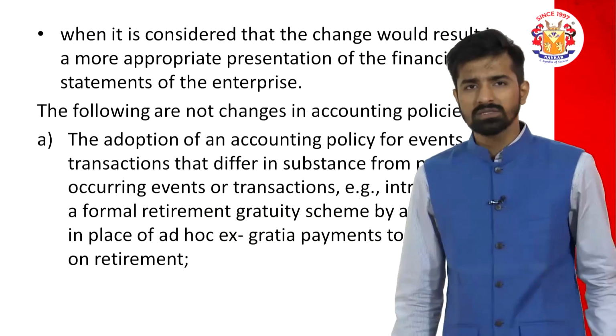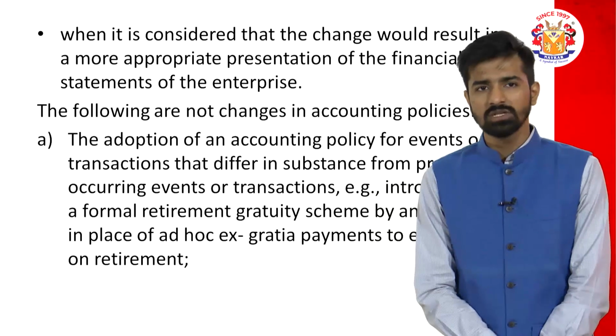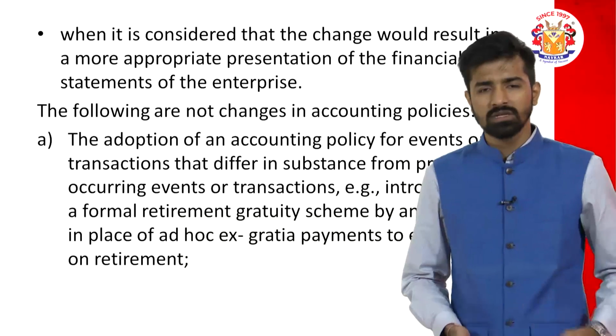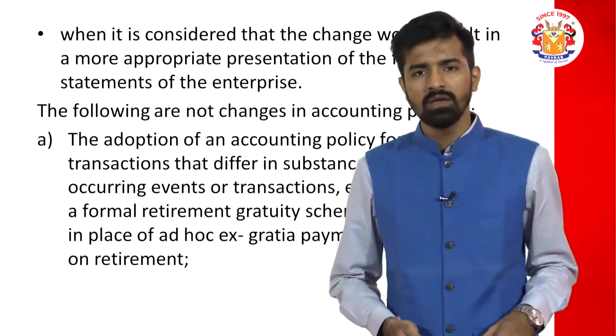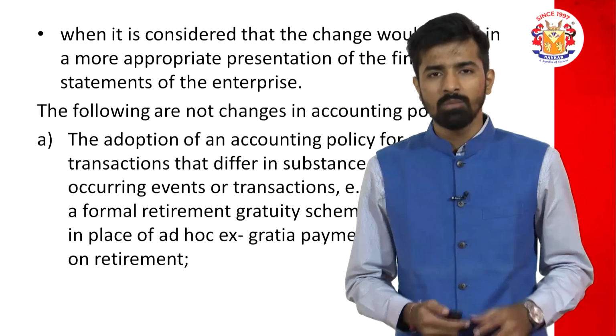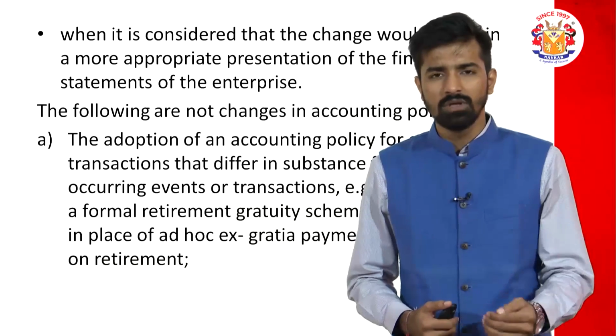And the third one is when it is considered that the change would result in a more appropriate presentation of the financial statements of the enterprise. That is better presentation of financial statements, so that it reflects the true and fair view of the financial statements. Only in these 3 circumstances can we change the accounting policies.